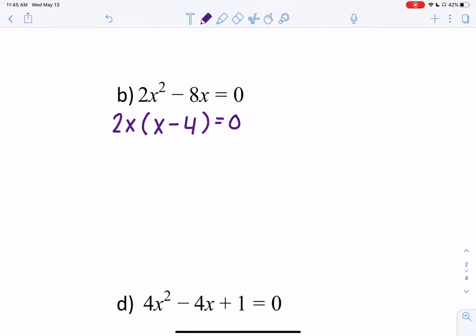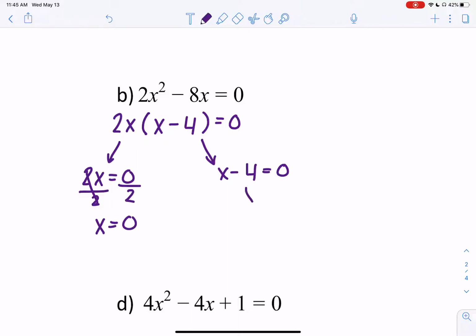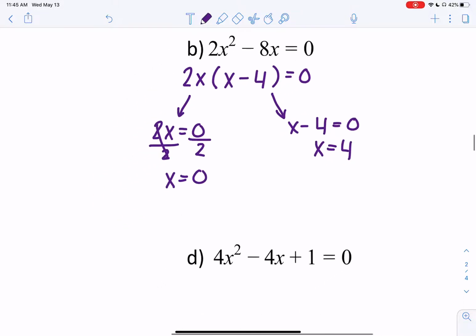And now I can set both of those equal to 0. So we'll have 2x equals 0 and x minus 4 equals 0. And now I can just solve for those x's. And those are our two answers. So we'll try a few more.